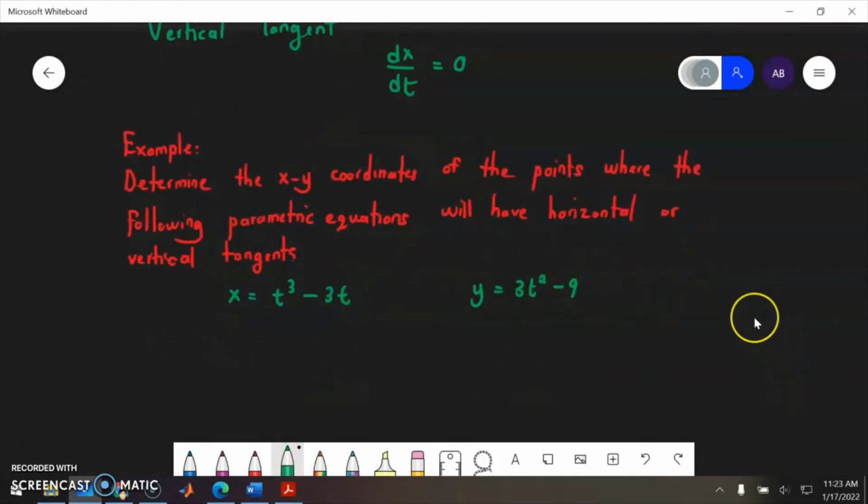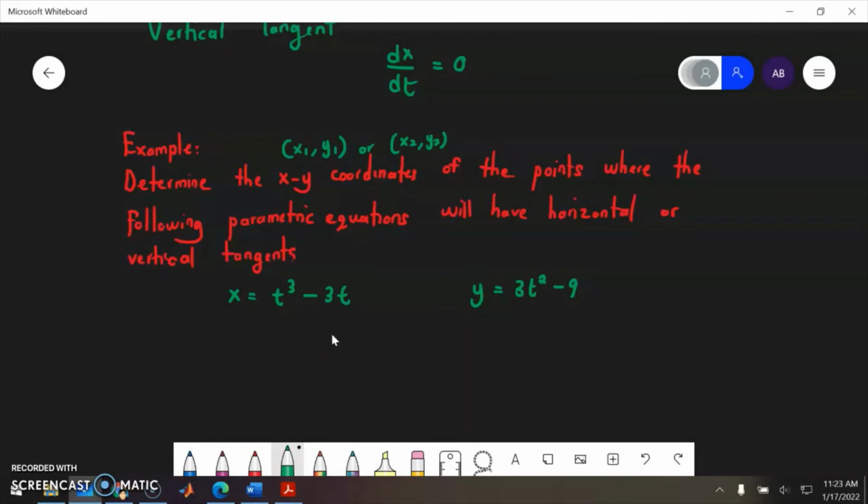Okay, so first of all, it says determine the x, y coordinates. So your answer must be in the form of (x1, y1), (x2, y2), where the following parametric equation will have horizontal or vertical tangent.